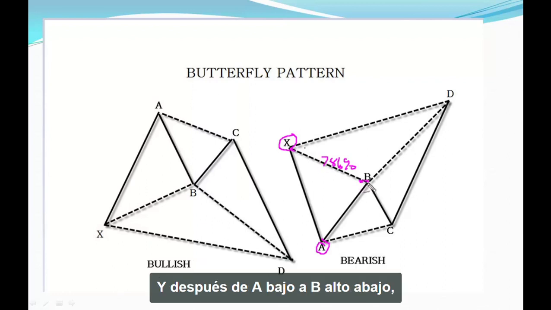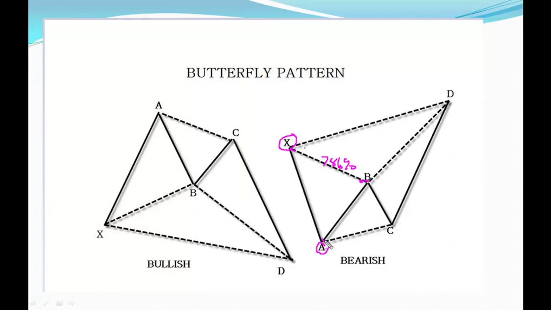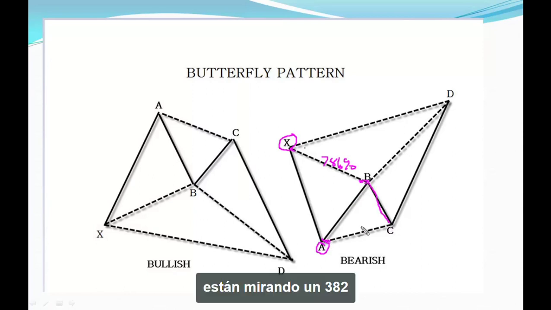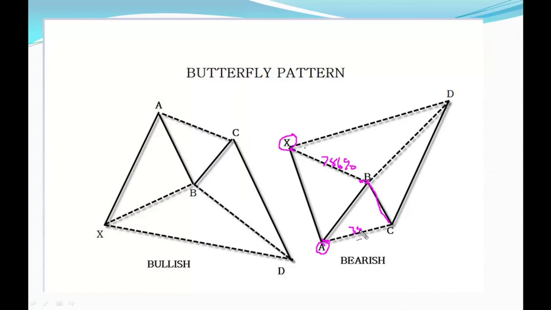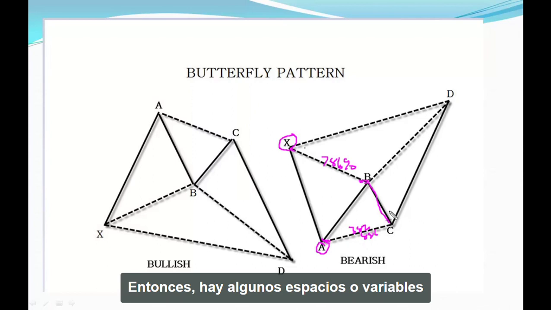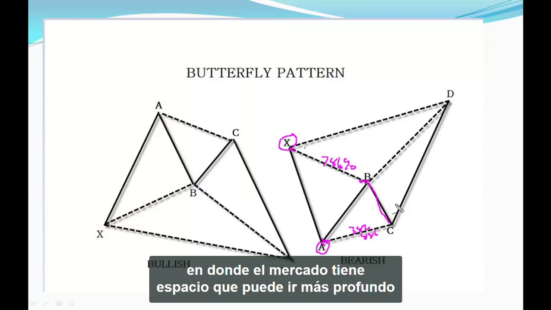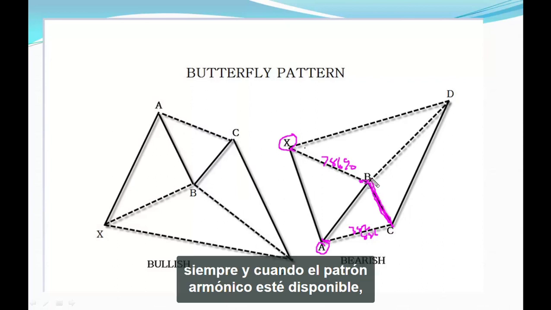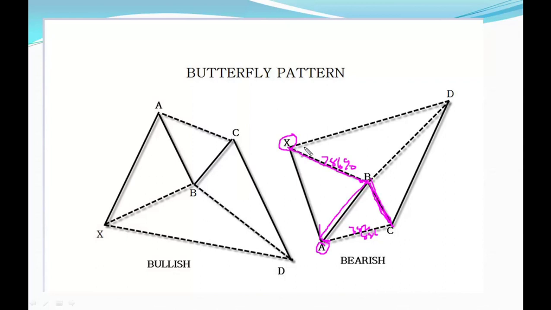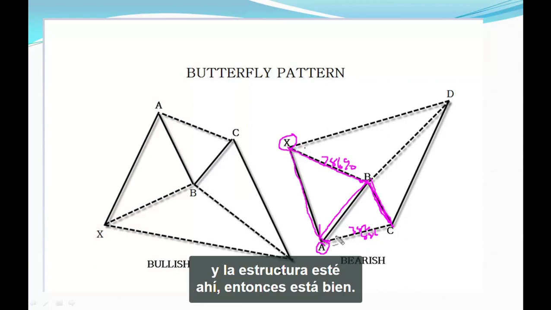And then from A low to B high down, you're looking at a 382 to 886. So there are some variables where the market has room to go a little deeper or a little shallower, but as long as the harmonic pattern is available and working and the structure is there, then it's fine.